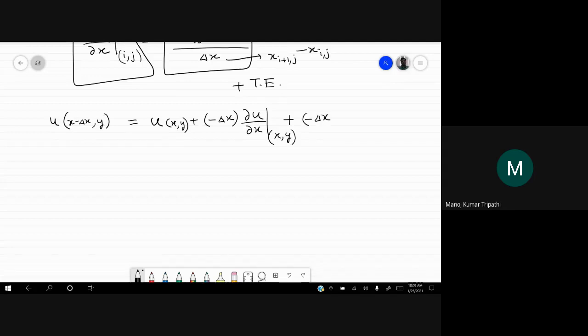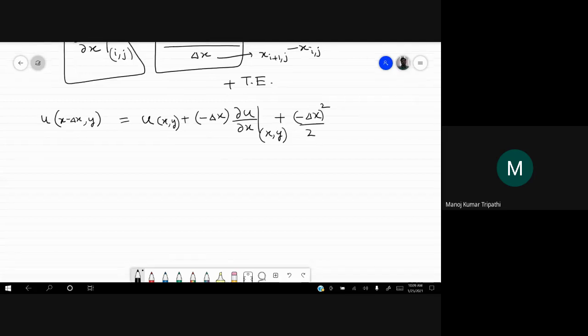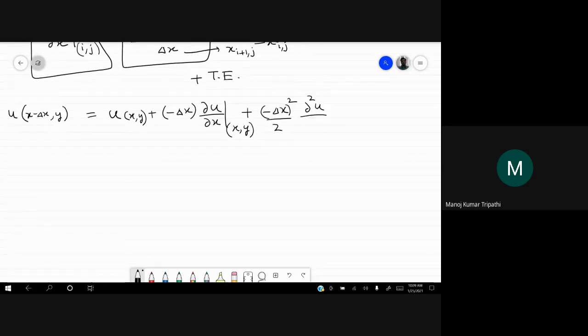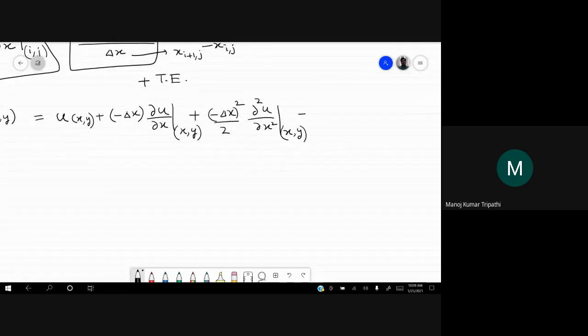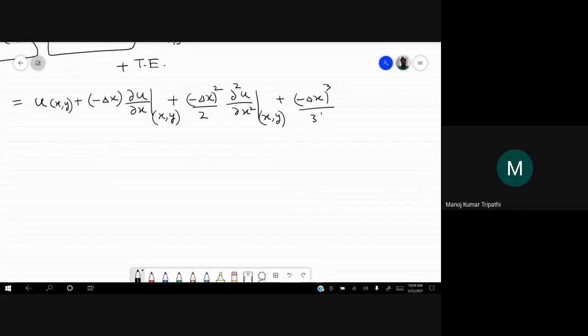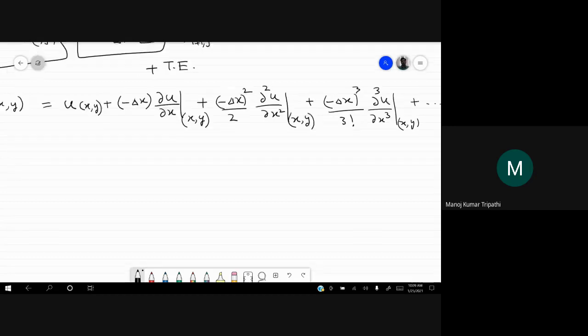Plus minus delta x whole square by 2 factorial, which is 2, dou 2u by dou x square at xy. We can write xy or we can write ij. xy are the coordinates of the point which has indices i comma j, and so on. Delta x cube by 3 factorial, dou 3u by dou x cube at x comma y and other terms.